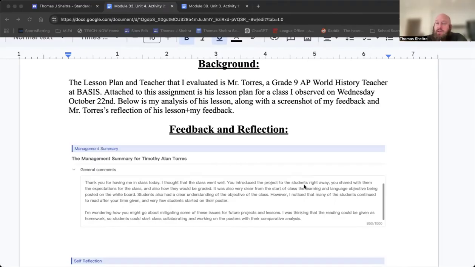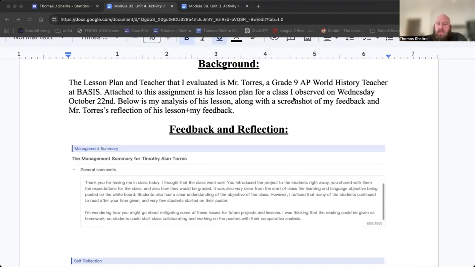So obviously, not just the observation part, but one of my favorite things as I've been a chair is the coaching conversations. Being able to meet with my fellow teachers in social studies and not just help them in their lessons, but make sure that I'm there to serve them in making sure that they have the tools that they need to succeed.